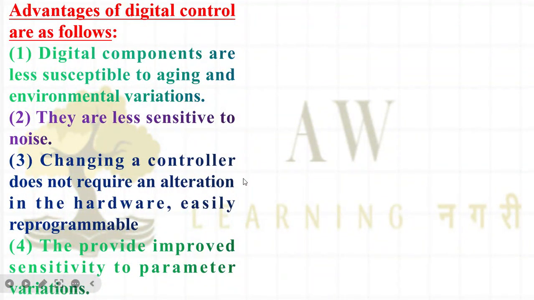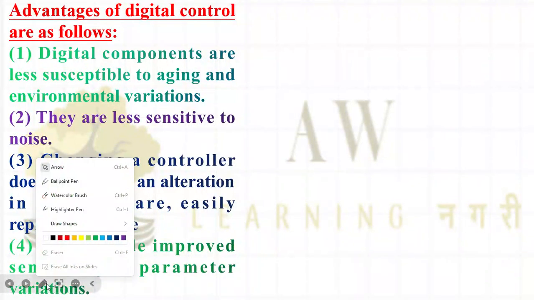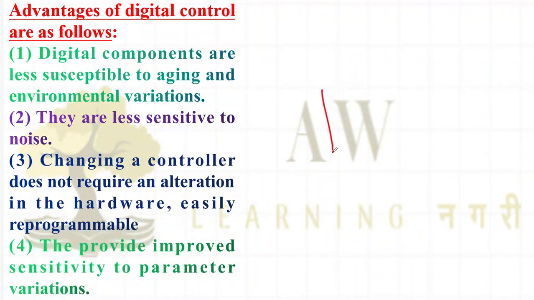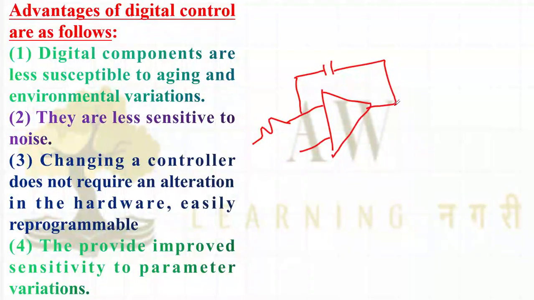In the last video I told you how we implement the PI controller. I told you in the last class to put one resistance here and one capacitance here, and that is my PI controller. If I am using an analog controller, I have to make the arrangement like this: take one op amp comparator, and this is my PI controller.